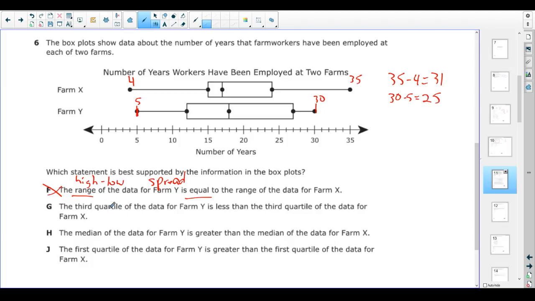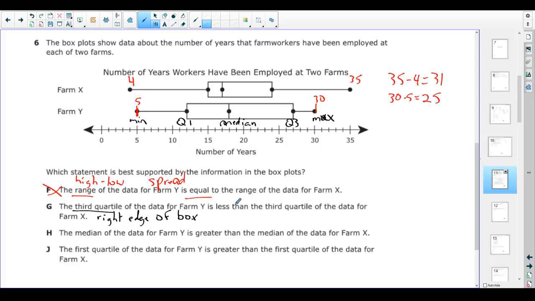Okay. Then we have the third quartile. And this is the right edge of the box. Remember, it goes minimum, quartile 1, median, quartile 3, maximum. Actually, let's even write that down. Quartile 1, median, quartile 3, third quartile, and the maximum.